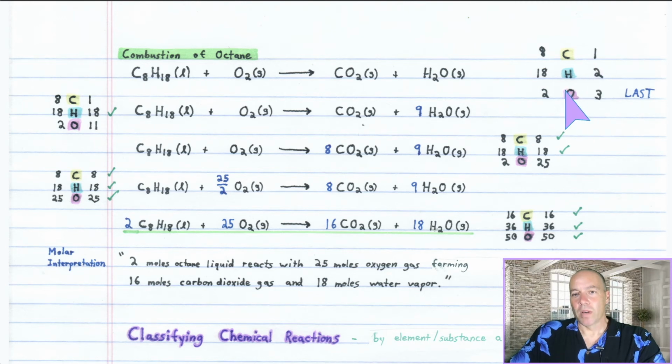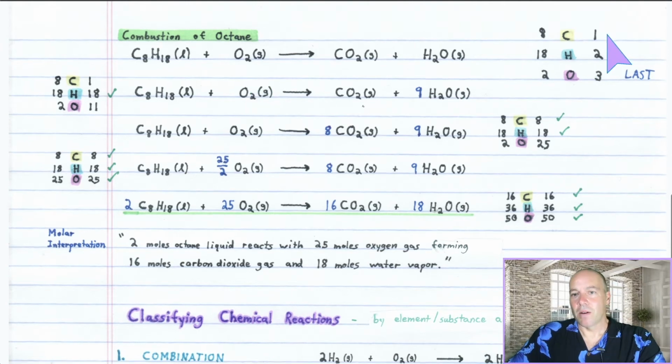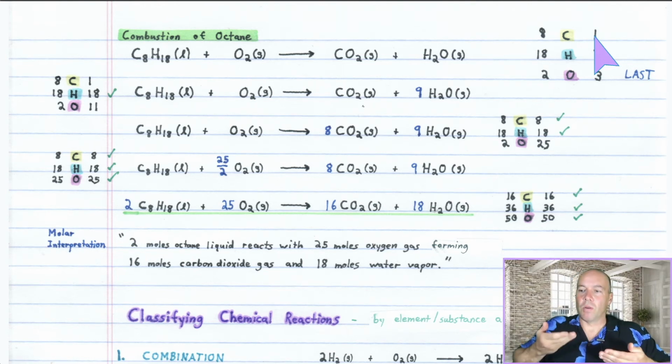So again, we're going to save oxygen for last because it appears as an elemental substance. It's easy to balance elemental substances. Now, you can balance either the carbons or hydrogens first, and let's just do the carbons like we did before. So we're going to bring the 1 up to match the 8.